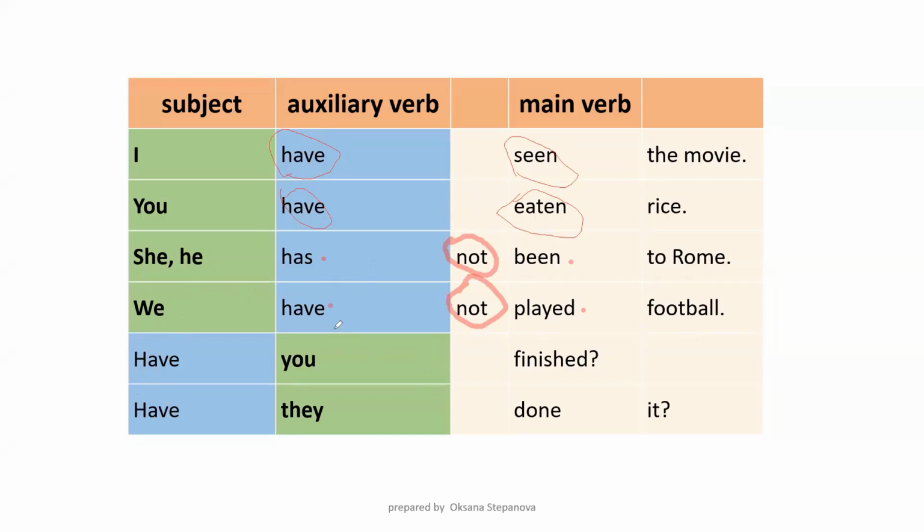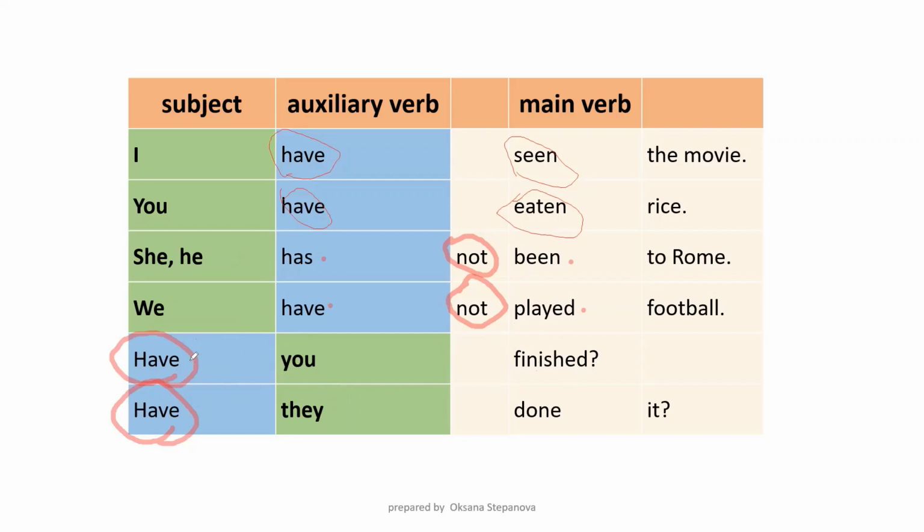And when we make a question, there is no extra verb coming into present perfect. We just use what we already have. We use the helping verb have as the question verb, and we put it before the subject. The subject is between the parts of our present perfect structure.